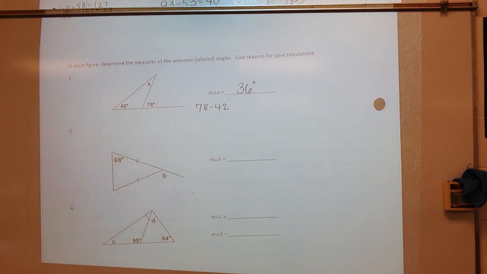All right? And the justification or the reason is exterior angles of a triangle equal the sum of the two interior opposite angles. All right?